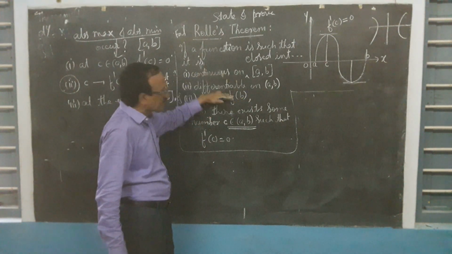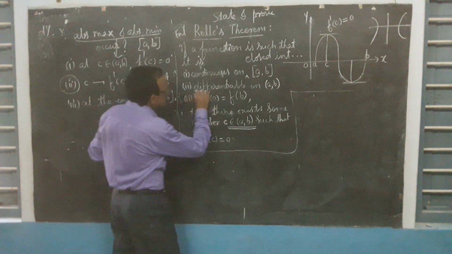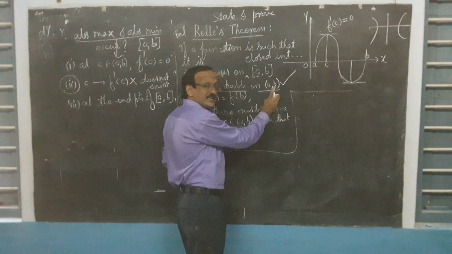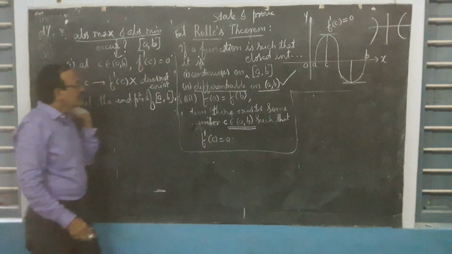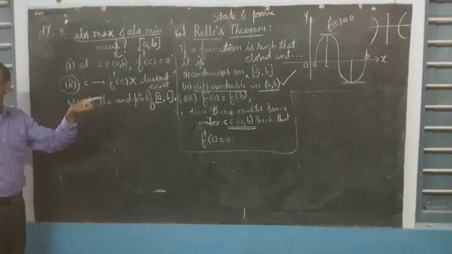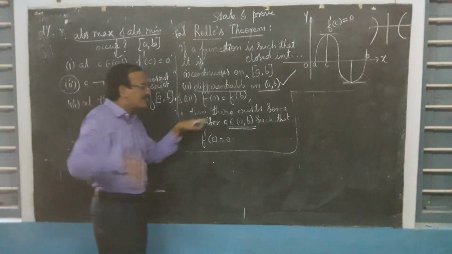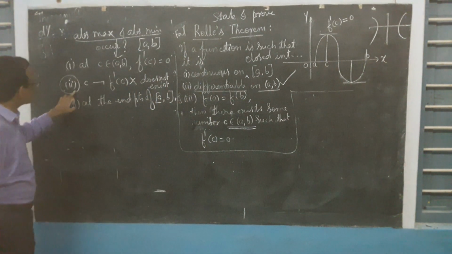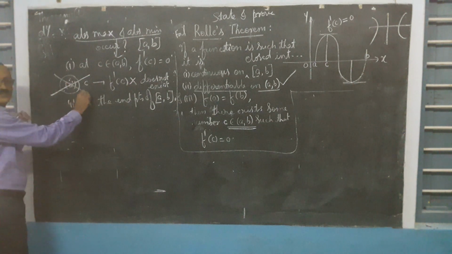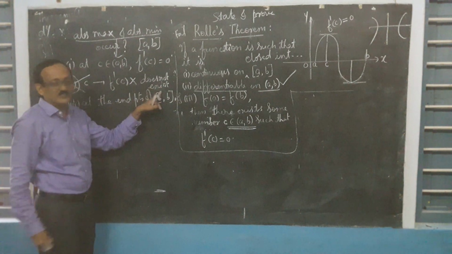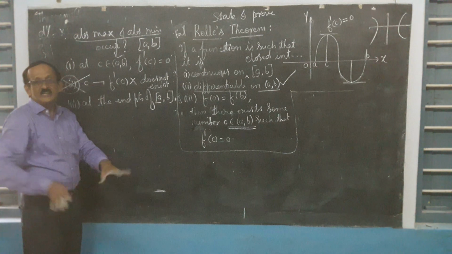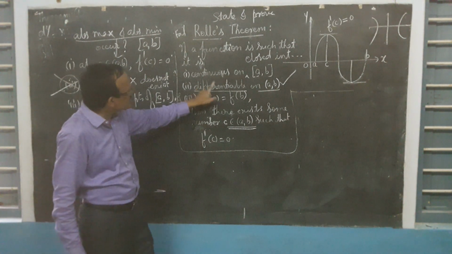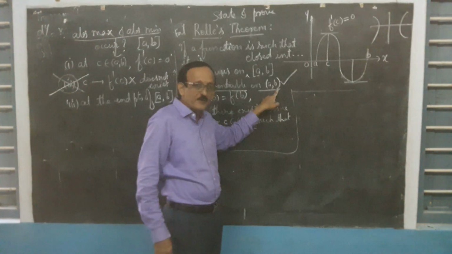The second one says that the function is differentiable at every point in the open interval AB. Since the function is assured to be differentiable on the open interval AB, case 2 doesn't arise. Derivative not existing at an interior point c doesn't arise.